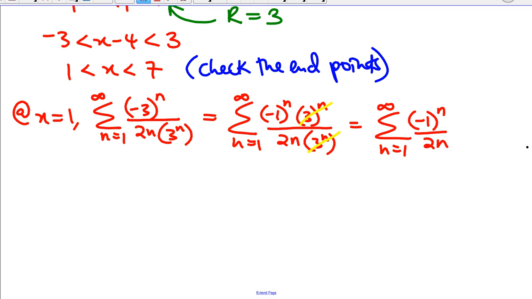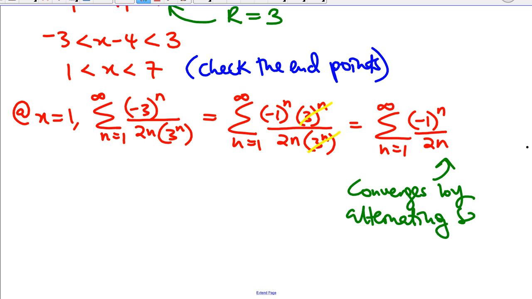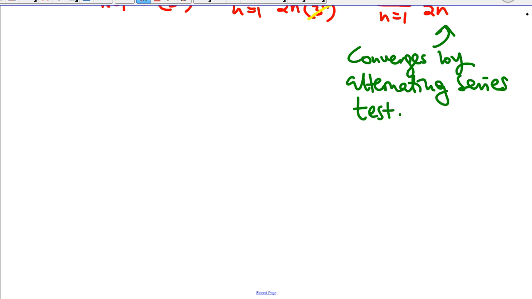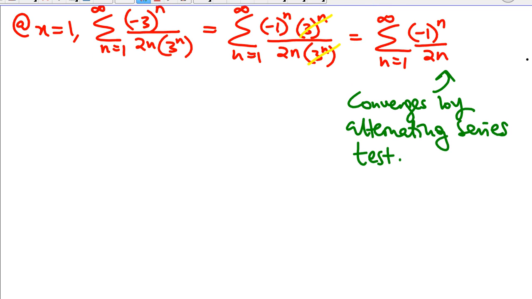And we can carry on to investigate the other point. This was x equals 1.